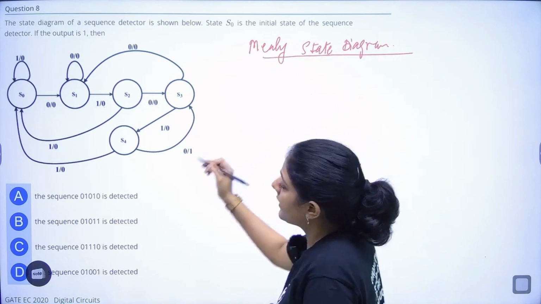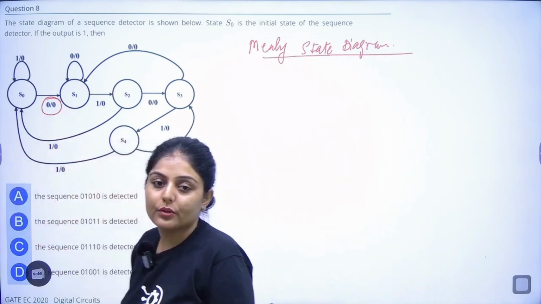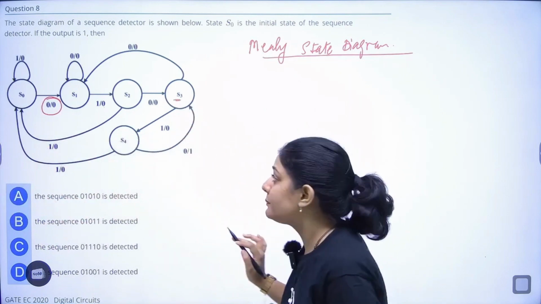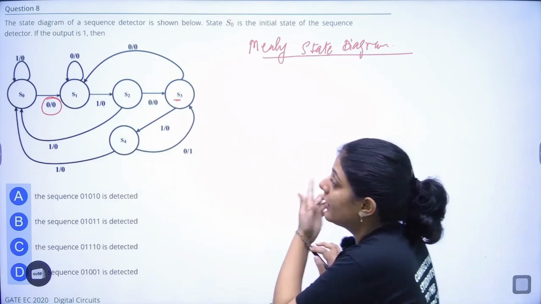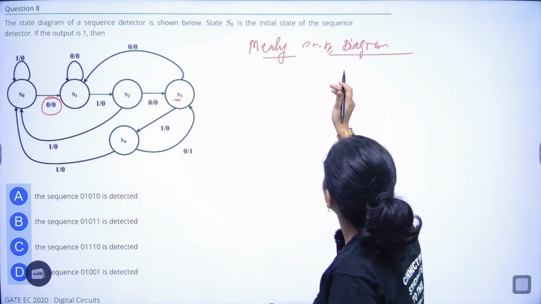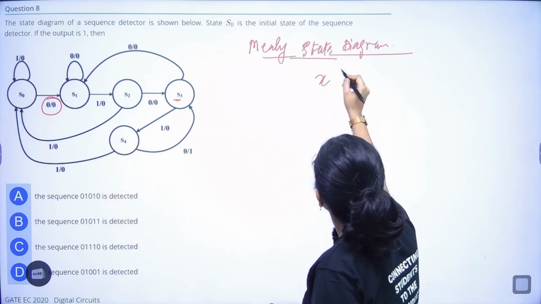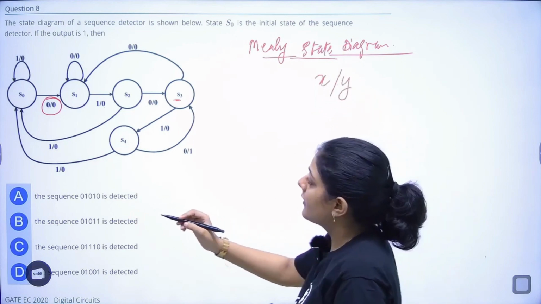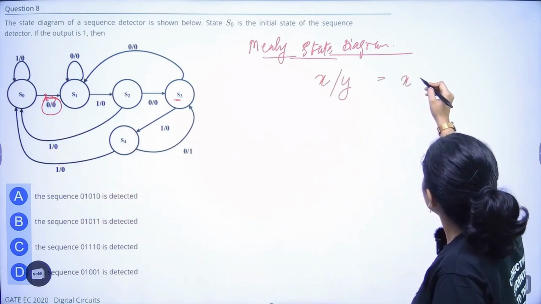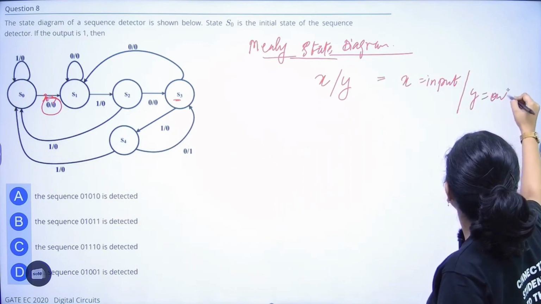In a Mealy state diagram, we have multiple states, and here we represent output and input both. In a Moore type, in the states only we represent the output. So here in this representation x by y, x is input, y is output.